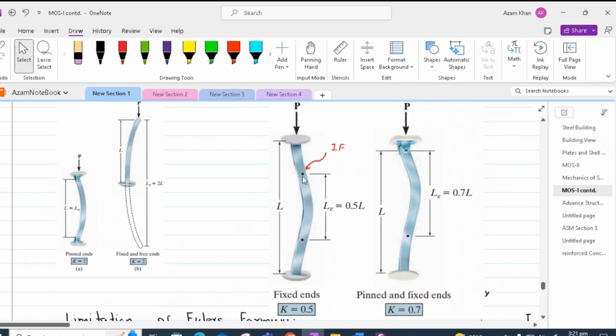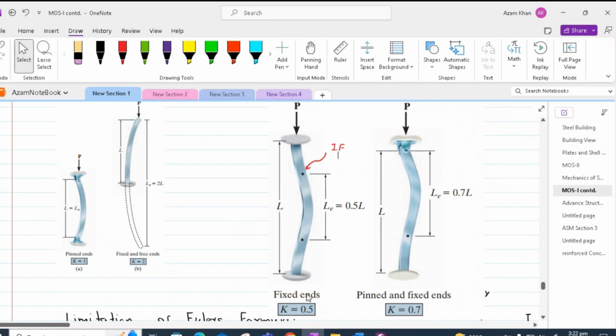In the case of fixed ends, because of the end restraint, the curving out profile has shrunk, and therefore our effective length reduces to 0.5L. In the case of fixed and pinned, our curving out profile is 0.7L. In the same way, this curving out profile is between two points which are called points of inflection.